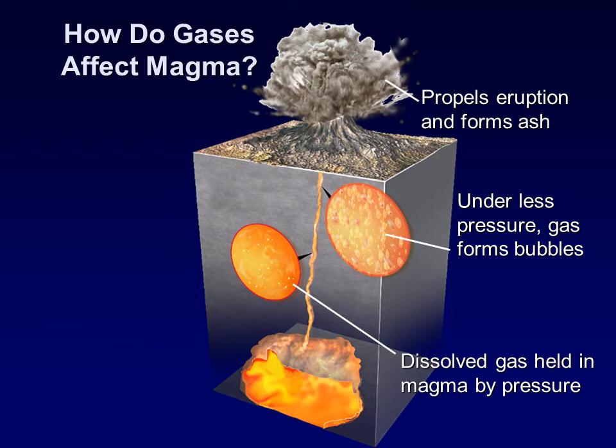It's those gas bubbles that pop and build up pressure and propel the eruption to form ash. So when you have all of these bubbles building up and reaching the surface, they pressurize and create an explosive eruption, pulverizing the rock into ash.